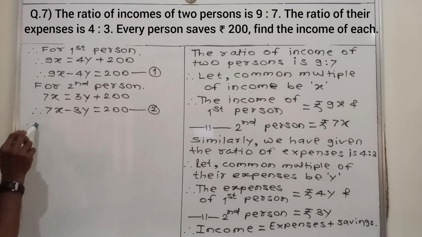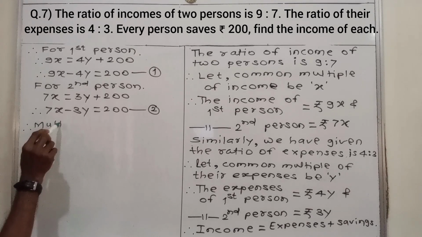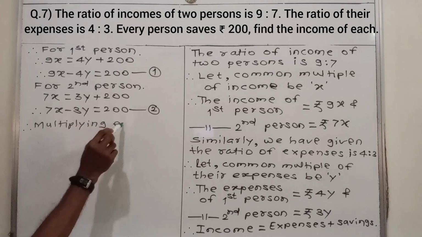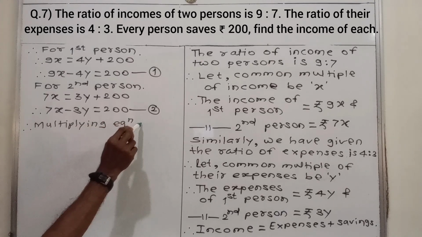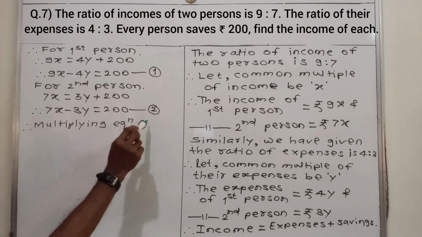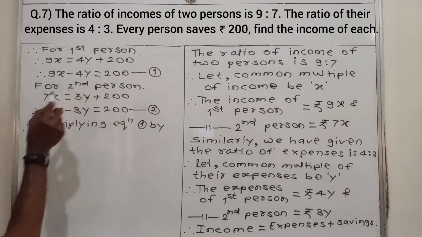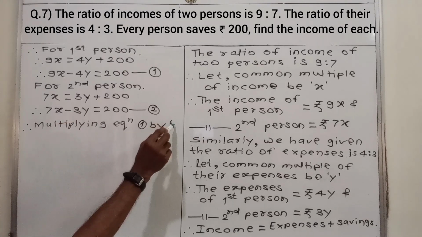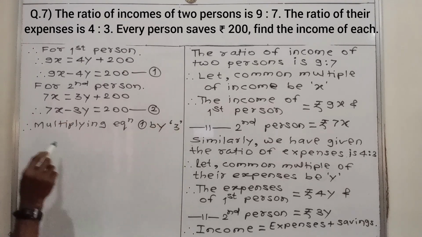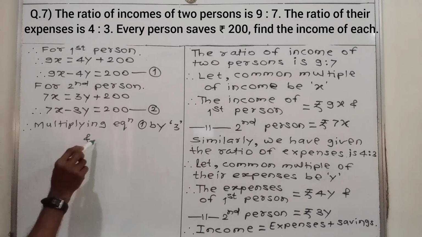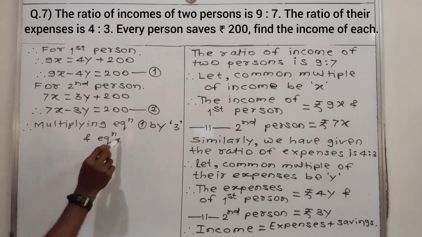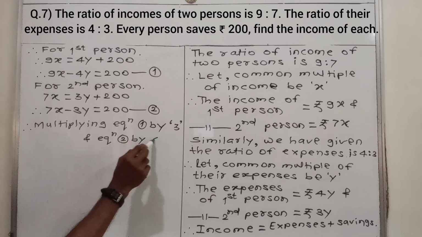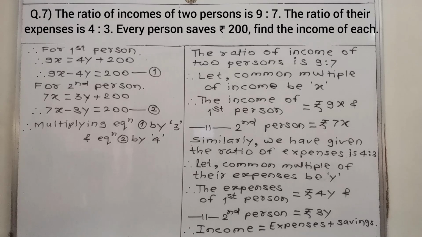Therefore, multiplying equation 1 by 3 and equation 2 by 4. Did you get it?